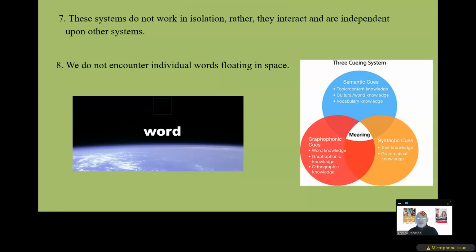These systems do not work in isolation. They interact and are interdependent. That's why if you're teaching just phonics, well, you're ignoring these other 2 and allowing that to atrophy. These all work together. If we encounter words floating in space without any context at all, well, it would make sense to focus just on phonics.